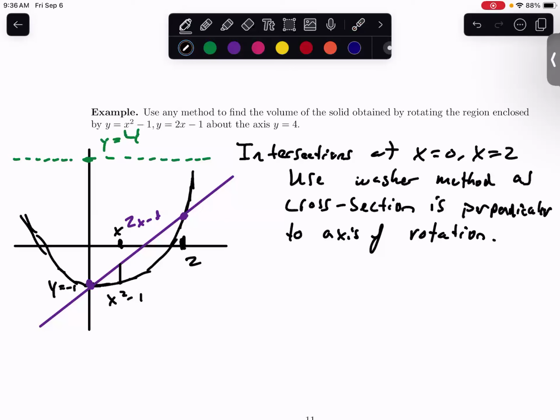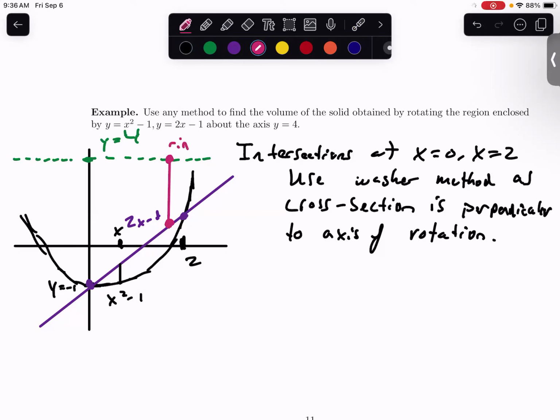So if you actually draw what these radii are going to look like, the shorter radius is going to be the radius that begins, or the distance that begins at the axis of rotation and then goes down to 2x minus 1, right? This is the shorter distance between the two. And so I'm going to label this red line.